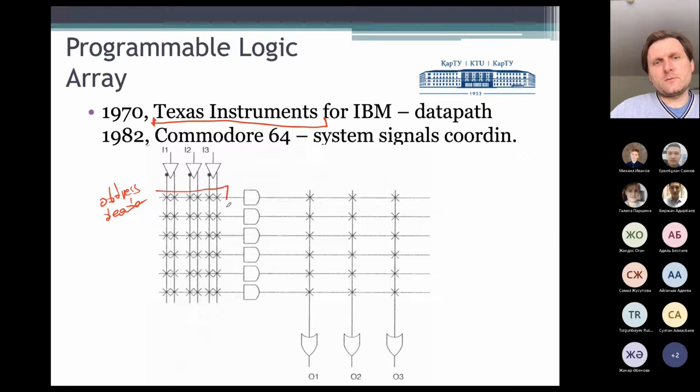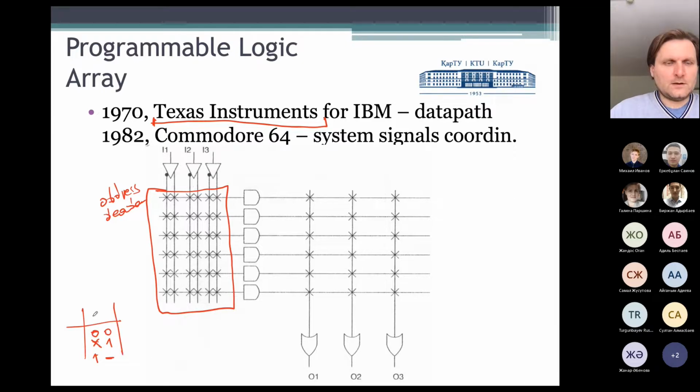in a smaller form. It is not a full address decoder, because you remember in a truth table, for example, we have X or dash. It means no care. No care is very often in practical digital structures. So they proposed a reduced address decoder, like here.